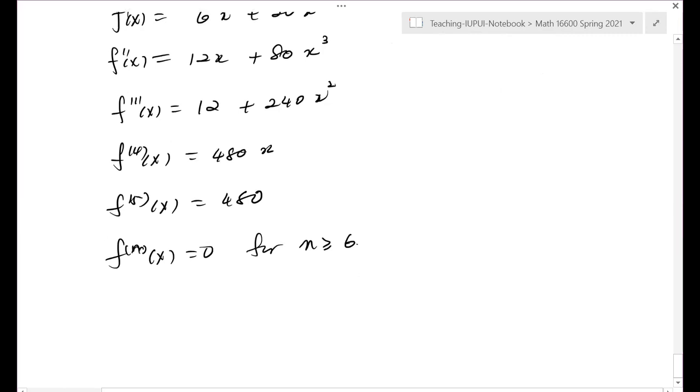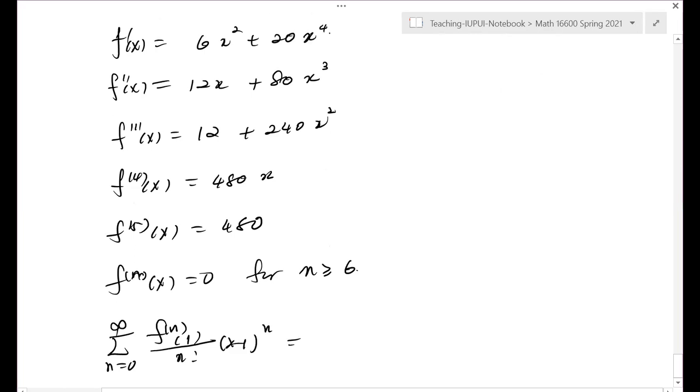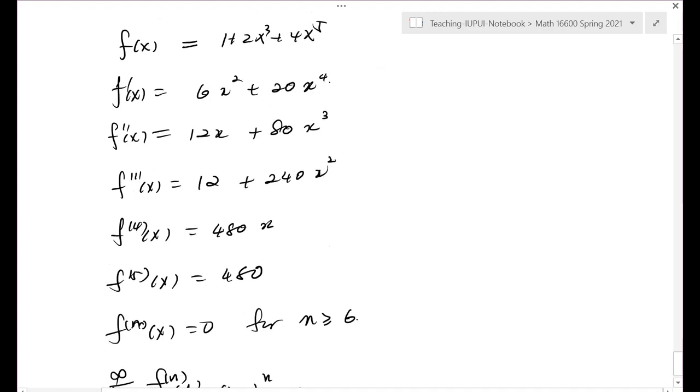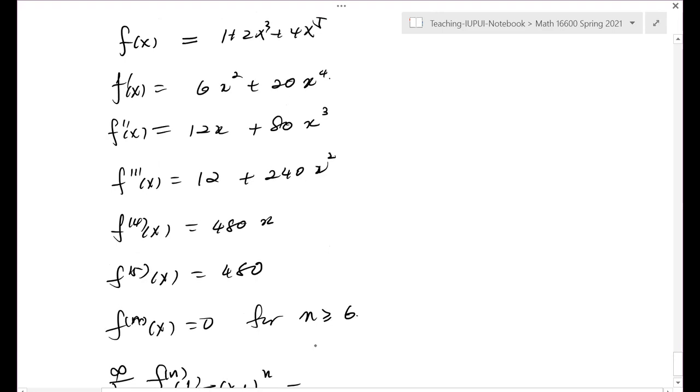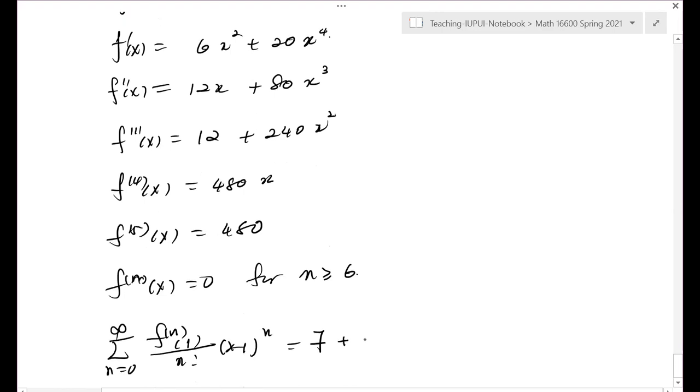Okay, now the Taylor series. The first term is f of 1. F of 1 is going to be 1 plus 2 plus 7. Then f prime of 1 is 6 plus 20, 26, divided by 1 factorial.